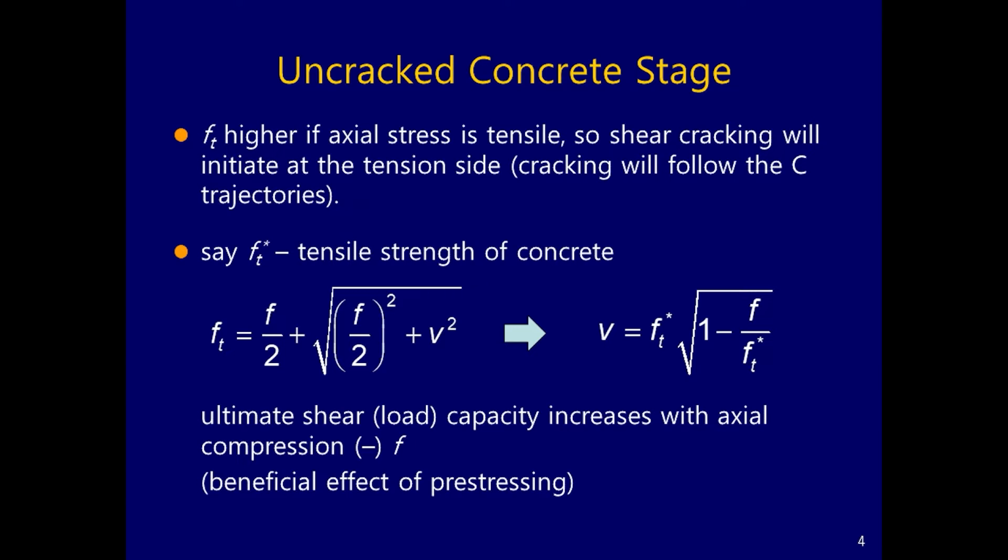So you've got to have a large F, which is axial stress. So shear cracking will initiate at the tension side following the C trajectory, and when this equals Ft star, the tensile strength of concrete, you will have a shear cracking.